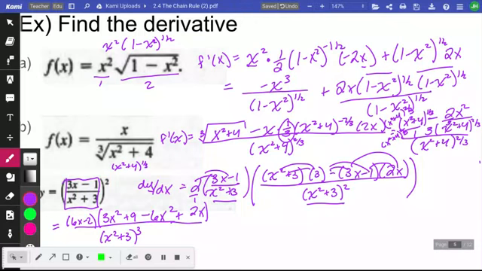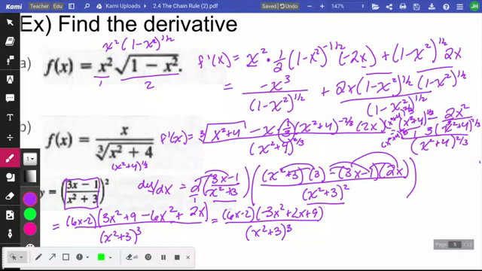So then now I can simplify that a little bit. So I'll keep my 6x minus 2. And then I'll combine my like terms in the top so that I have negative 3x squared plus 2x plus 9 all over x squared plus 3 cubed.